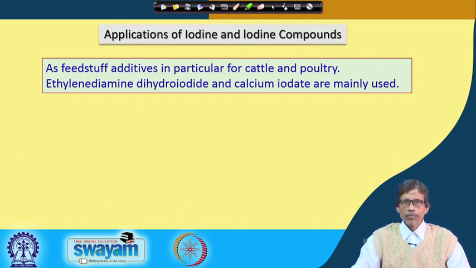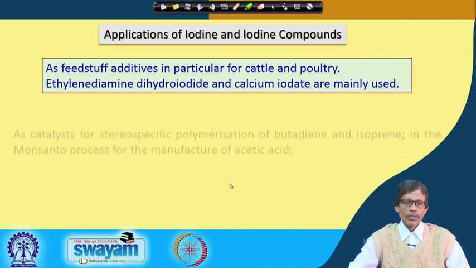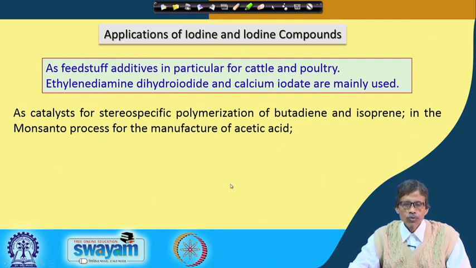With hydroiodic acid, HI, it gives you the salt, that means EN·2HI, ethylene diamine dihydroiodide. That salt is a solid, and it can be utilized as a feed additive for your cattle and poultry. It can also be useful as a catalyst, say, for hydroiodic acid.